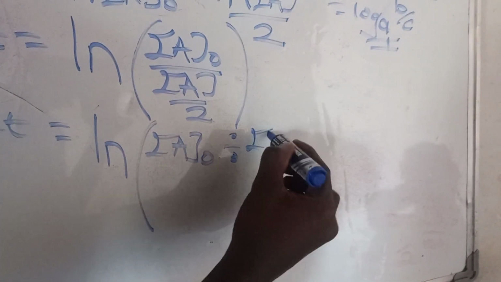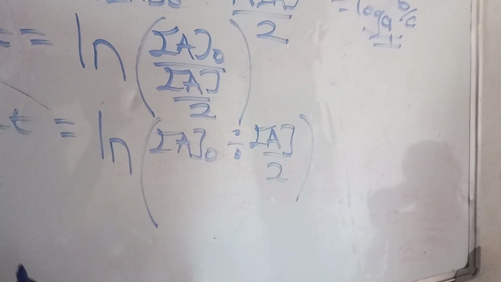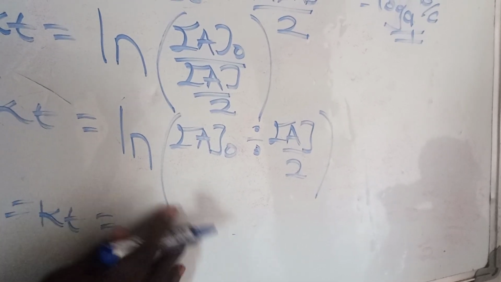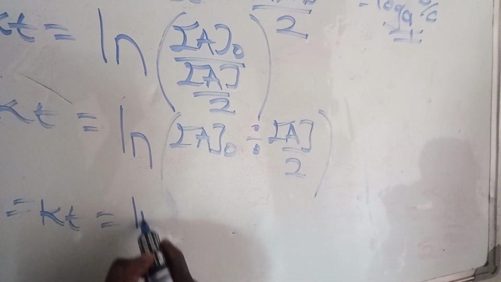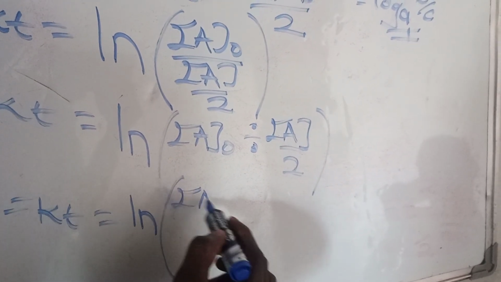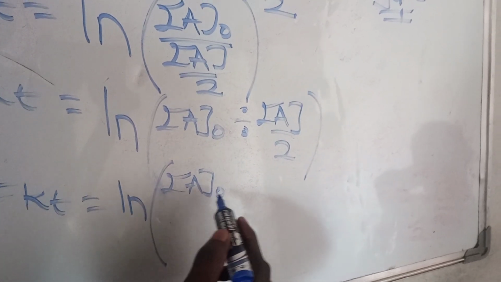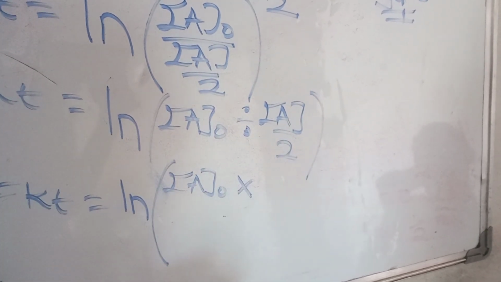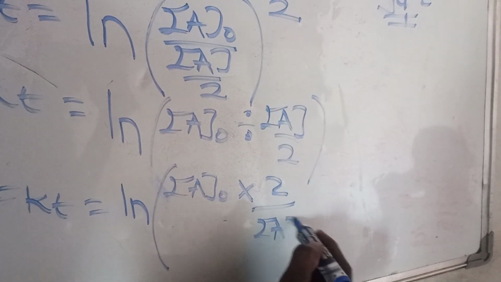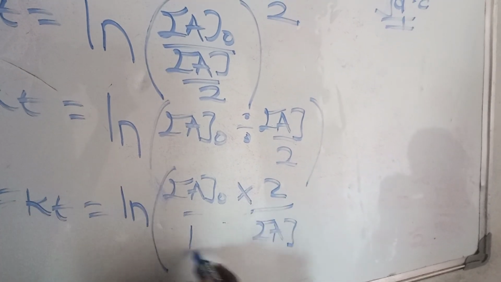We say divided by A over 2. So kt is equal to the ln, we open up, the initial concentration there, then that division turns into multiplication. The 2 goes up there, and we remain with 2 over the concentration of A there, divided by 1.